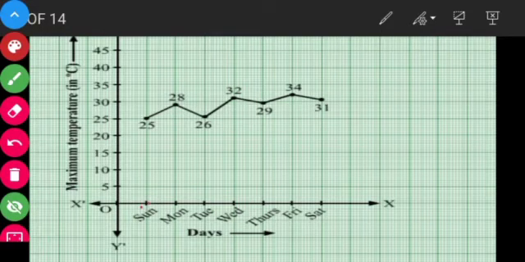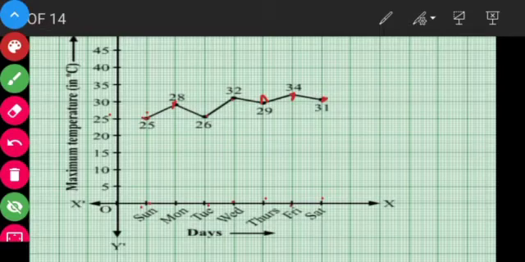So in front of 25 on Sunday you mark this point. On Monday it was 28, so mark 28. On Tuesday mark 26, then Wednesday it was 32, Thursday it was 29, Friday it was 34, and on Saturday it was 31.